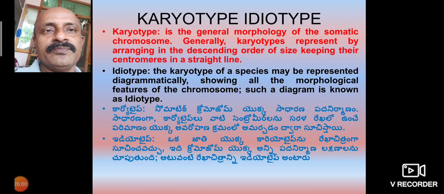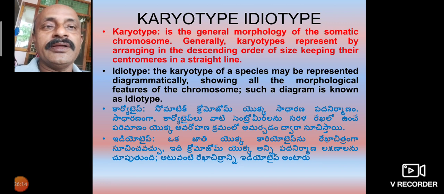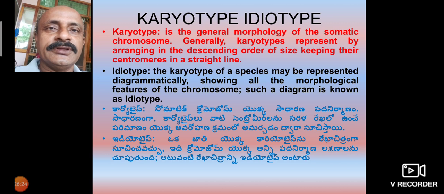Karyotype or ideogram: a karyotype is generally the morphology of somatic chromosomes, generally represented by arrangement in descending order of size, keeping their centromeres in a straight line. All are orderly descending.